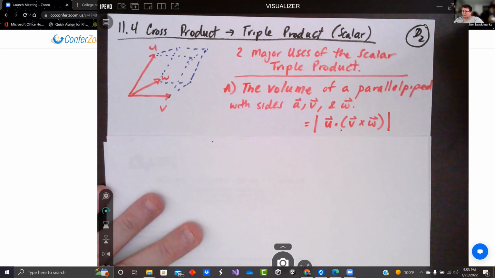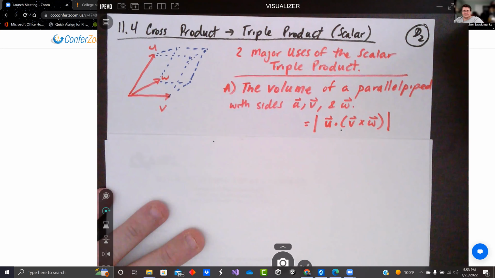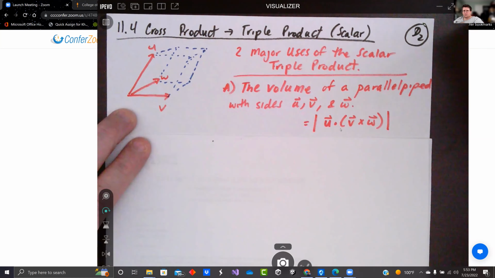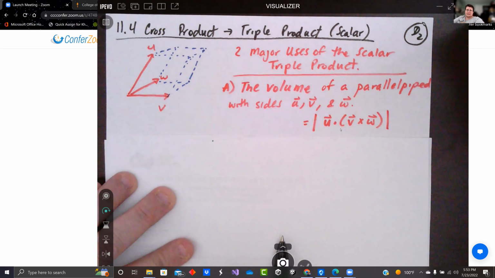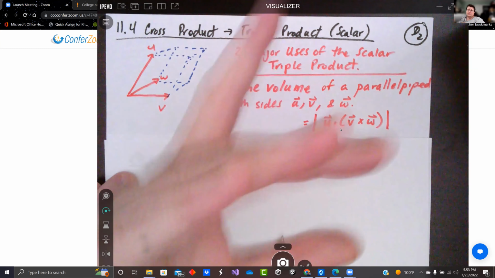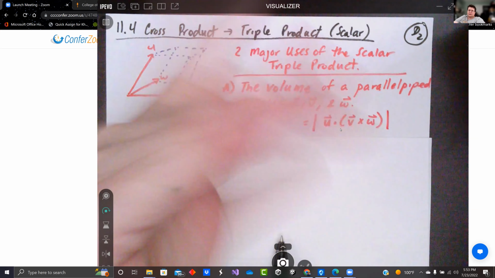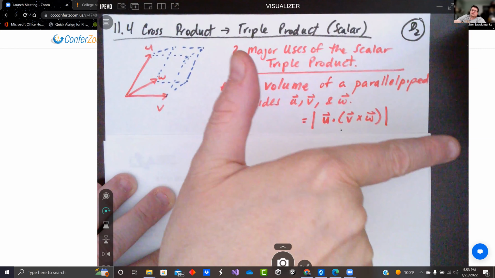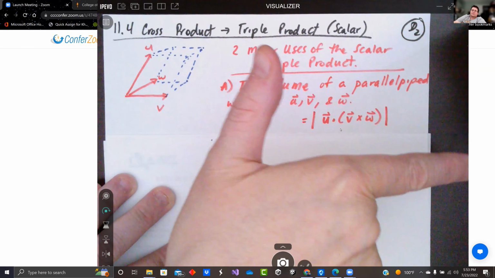So it's the absolute value, or the signed volume. Notice I reoriented U, V, and W here, but it still follows the same rule. If U is my thumb and V is my pointer finger, like that, W is pointed into the page.